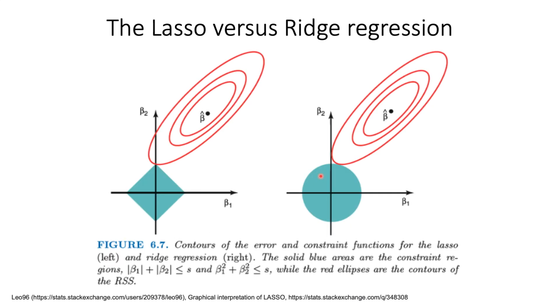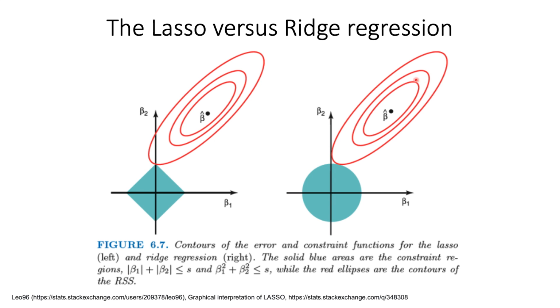So how does this work? Well, if we plot beta 1 on the horizontal axis and beta 2 on the vertical axis, with the lasso on the left-hand side and ridge regression on the right-hand side, we take these concentric circles to be the contours of the error given beta 1 and beta 2.